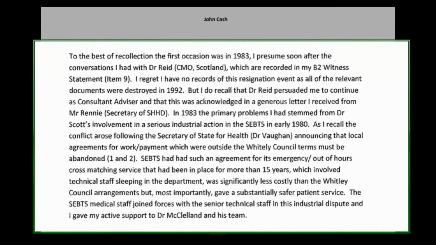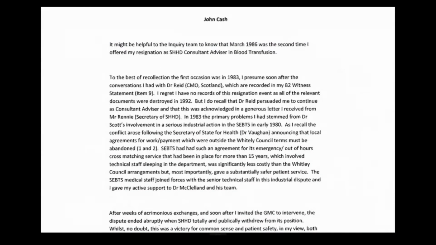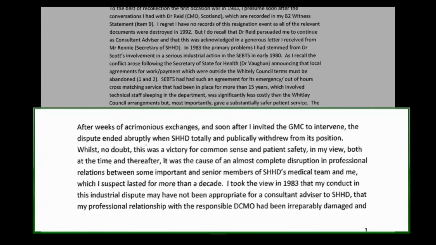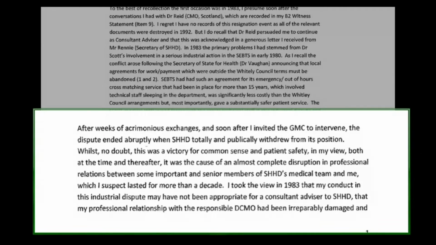I'm not going to go through the detail of that, but if we look at the last paragraph on this page, it was essentially an industrial dispute. He describes the dispute ending abruptly when the SHHD withdrew from its position, but then says this in terms of the impact upon broader relationships. In my view, both at the time and thereafter, it was the cause of an almost complete disruption in professional relations between some important and senior members of SHHD's medical team and me, which I suspect lasted for more than a decade.